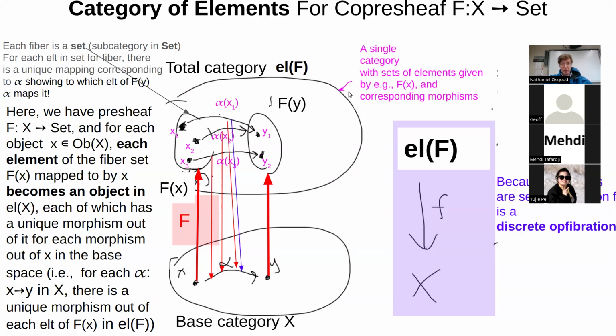And the category of elements invites us essentially to erase the distinction between those sets. So each element of each of these sets, for example, associated with X, becomes an object in a category. Each element in the set mapped to by Y becomes an object in this category of elements associated with this presheaf.